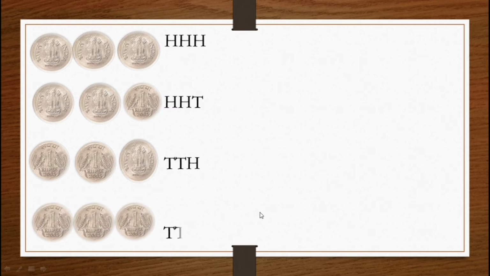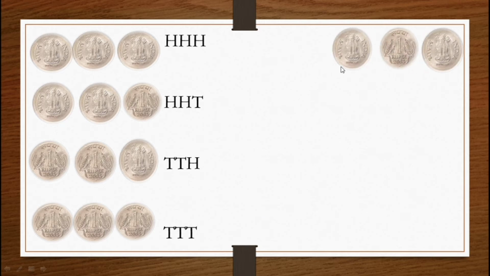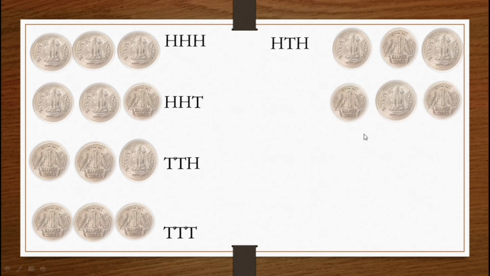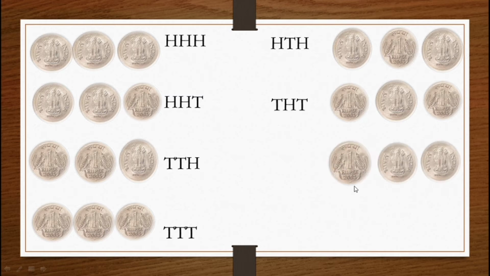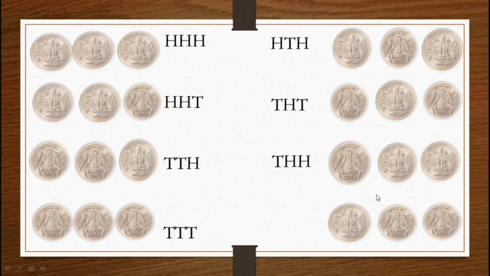Or you may get tail, tail, tail. There is a possibility head, tail, head. Next possibility is tail, head, tail. And next is tail, head, head. And last is head, tail, tail. These are the possibilities of tossing a coin three times.